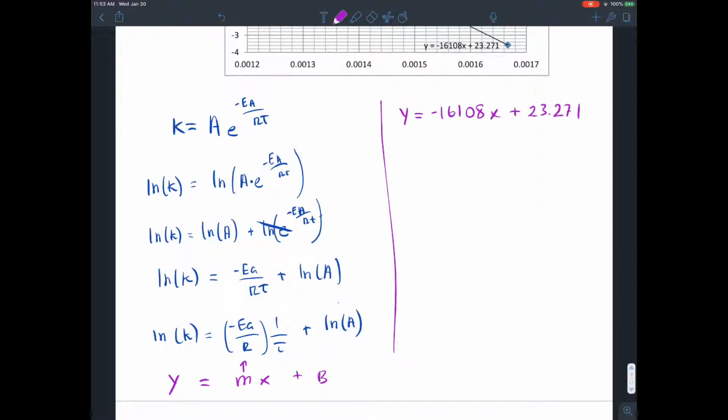So the natural log of A equals 23.271. We're equating the two because that's the part that is analogous to the other.